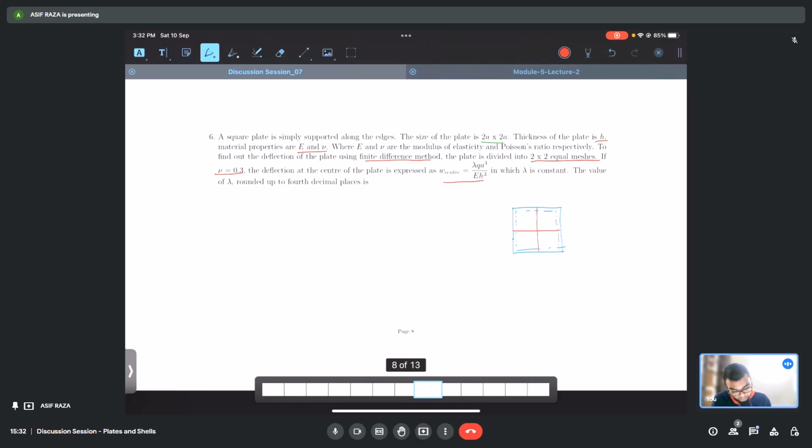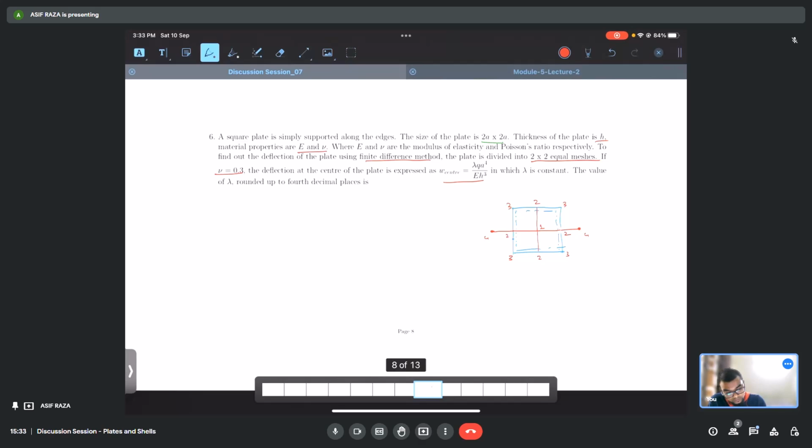To find the deflection of the center, let me take this as 1, this as 2, taking symmetry into consideration, this will be 2, this as 3, 3, 3, 3. We'll extend this to the imaginary point 4, 4.